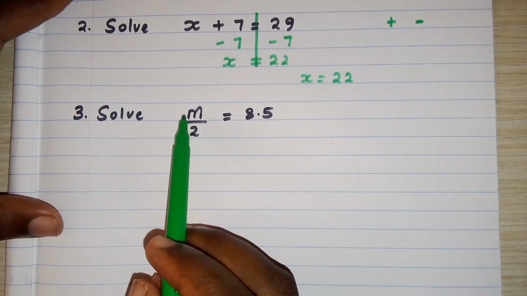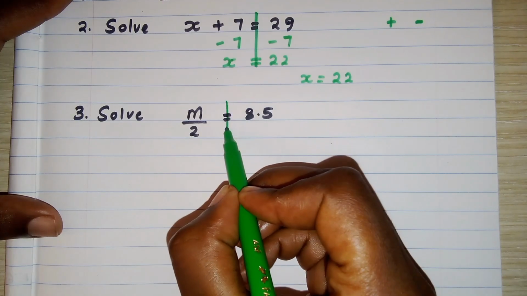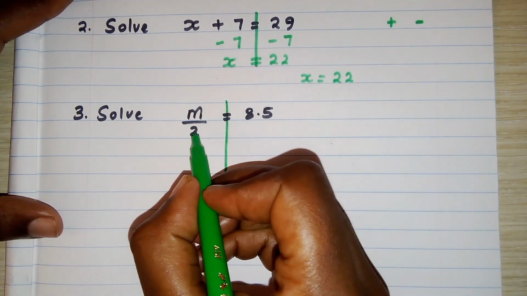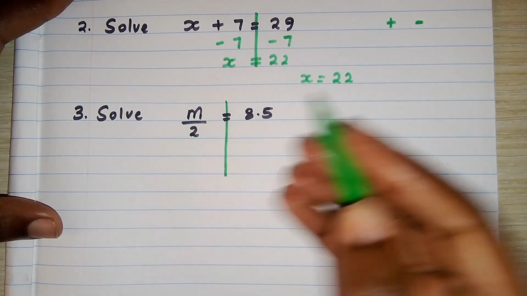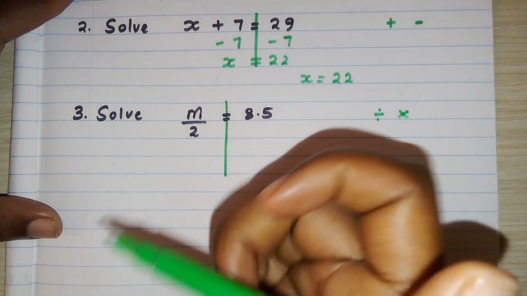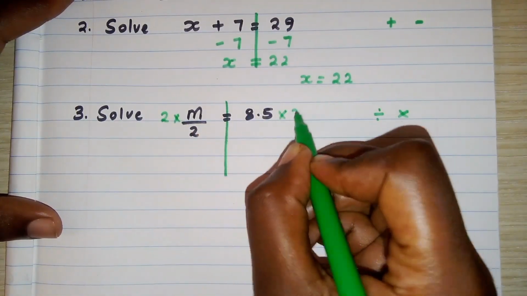Number 3, solve m over 2 equals to 8.5. Draw your line there. So m divided by 2, we do the opposite of division because these two are connected by a division. So the opposite of division is times. So to get rid of the 2, I'll multiply by 2 on both sides.